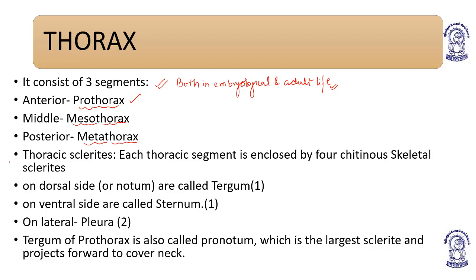Now coming to thoracic sclerites. Each thoracic segment is enclosed by four chitinous skeletal sclerites. These chitinous skeletal sclerites are as follows. On the dorsal side, tergum is present, which is unpaired.